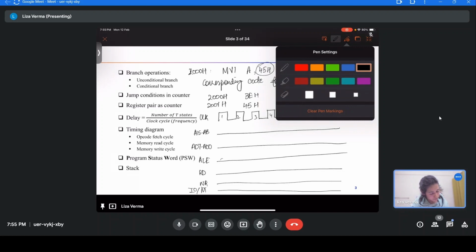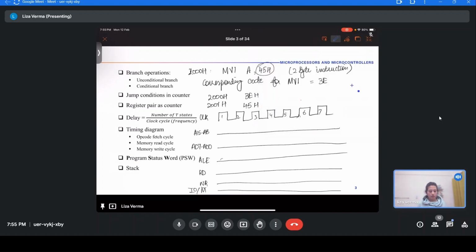So as we discussed just now, let's differentiate between the opcode fetch cycle and the execution cycle, 5, 6, 7.